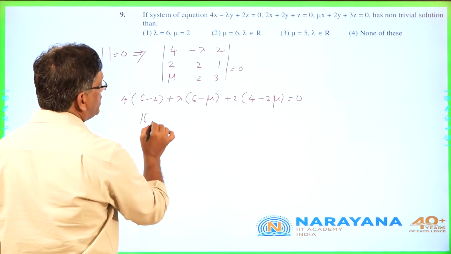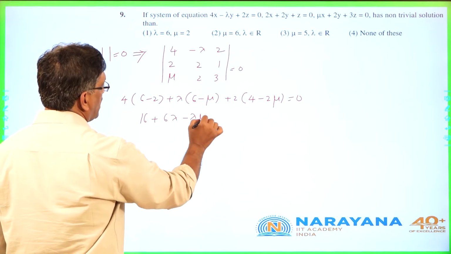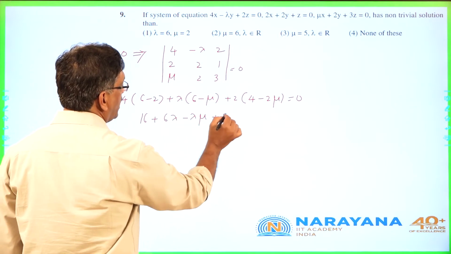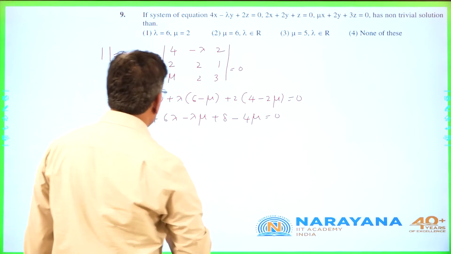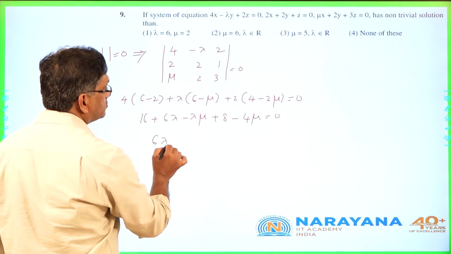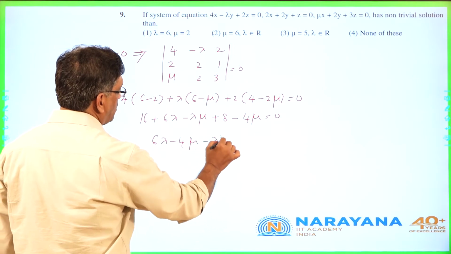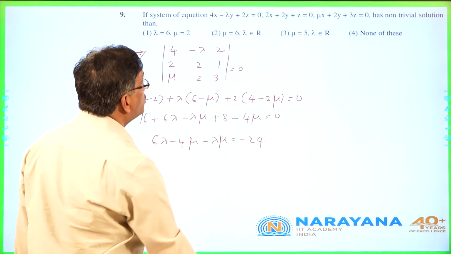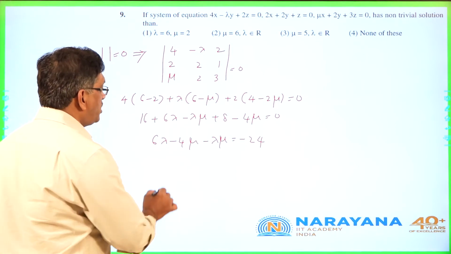It is 16 plus 6 lambda minus lambda mu plus 8 minus 4 mu equals 0. That is, 6 lambda minus 4 mu minus lambda mu is equal to minus 24.